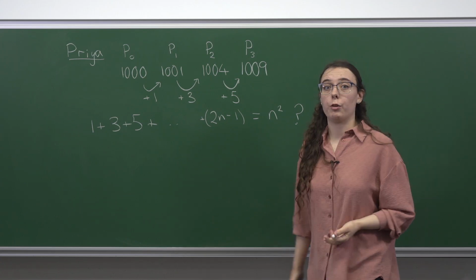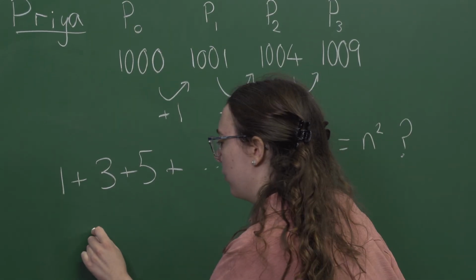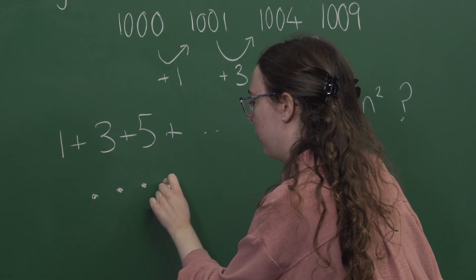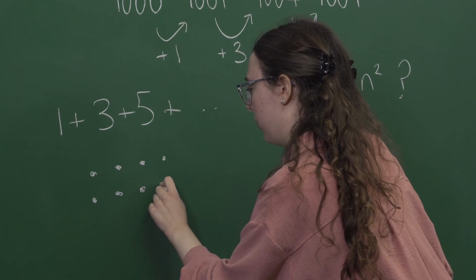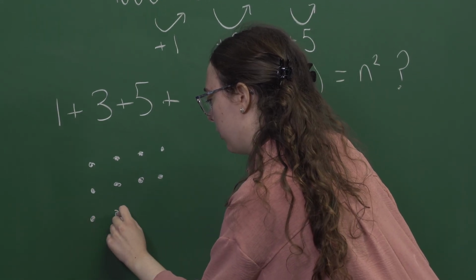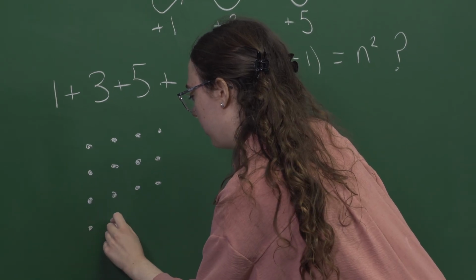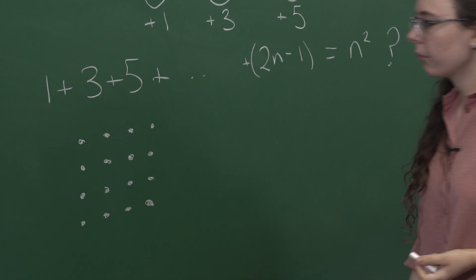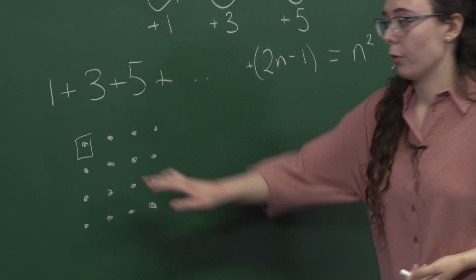So there are a few ways you can see this. One nice argument is geometrically. So if I draw a square, you can see that over here, I have 1 dot.